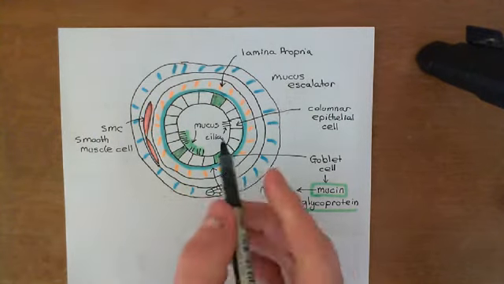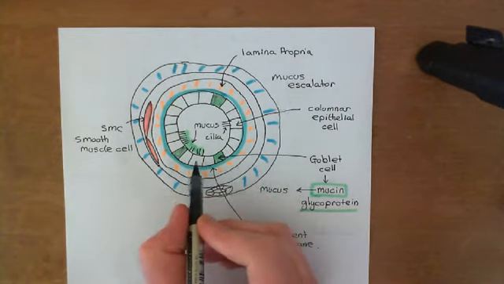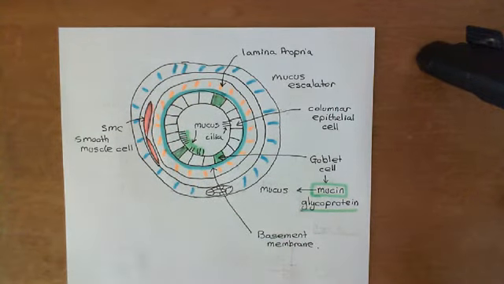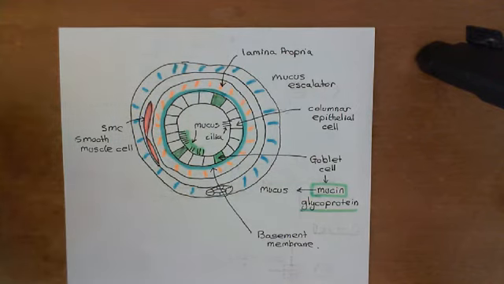That's the important difference between these cells here, which are very tall but ciliated, and these ones. These ones are also tall, not quite as tall as those, but they're not ciliated.